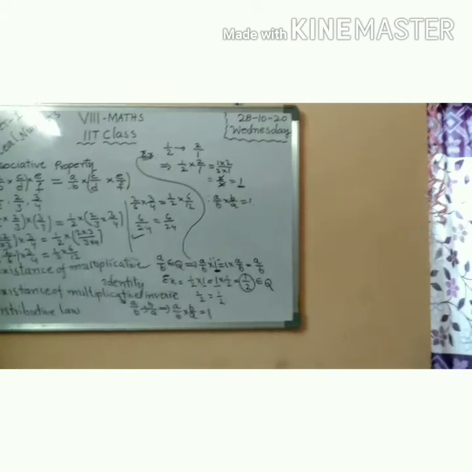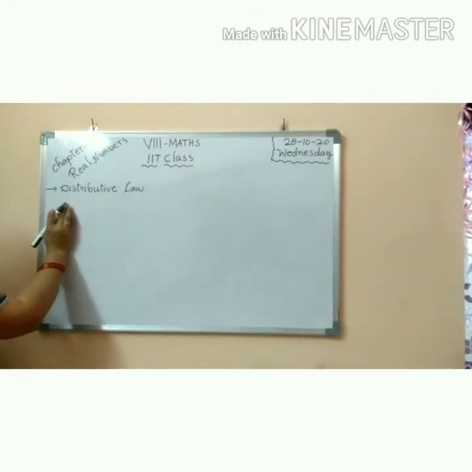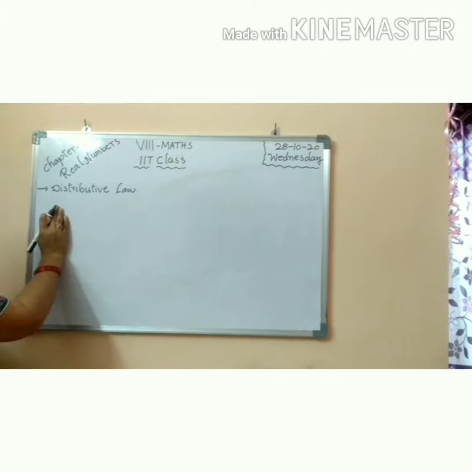Okay, children. The last topic is the distributive law of multiplication over rational numbers.